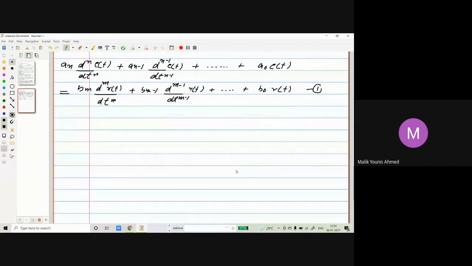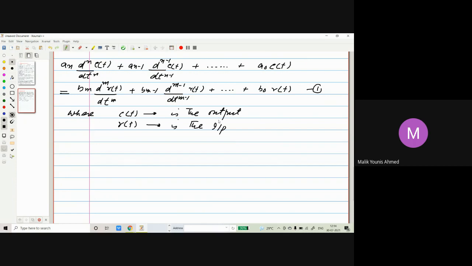Here c(t) is the output, that is the response, and r(t) is the input. We have considered this for the sake of analysis.